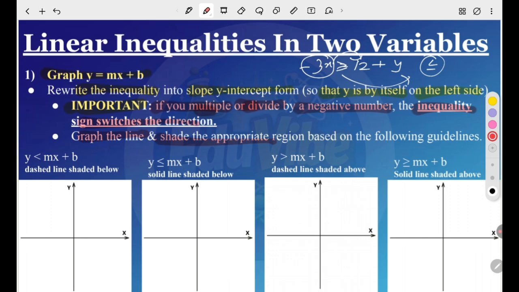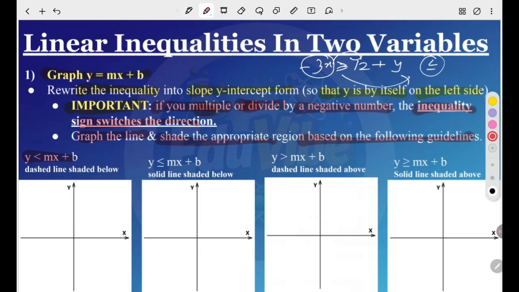Graph the line, and shade the appropriate region based on the following guidelines. So what are the guidelines? The first one is y is less than mx + b. This is not an equation, we just need to know how to graph that type of inequality.